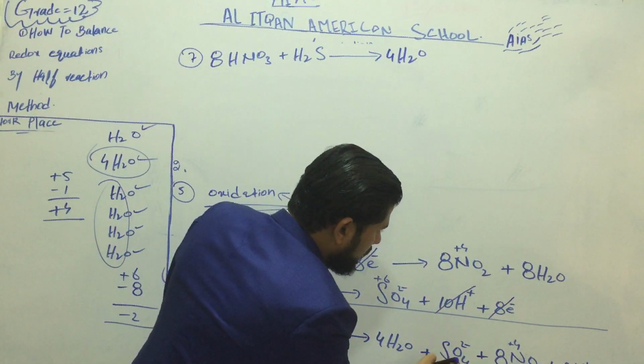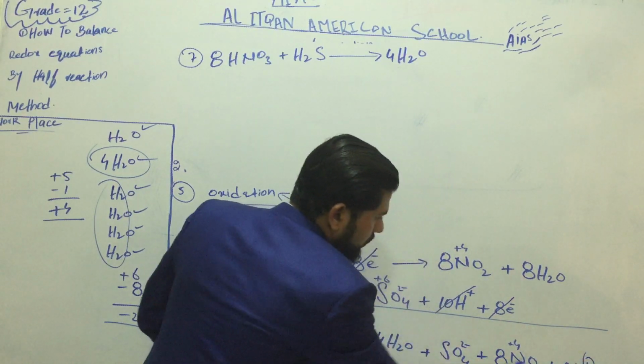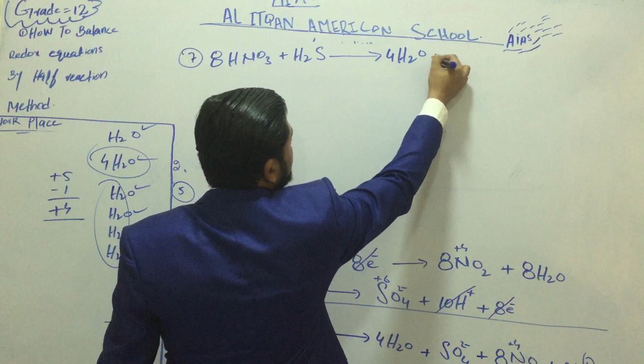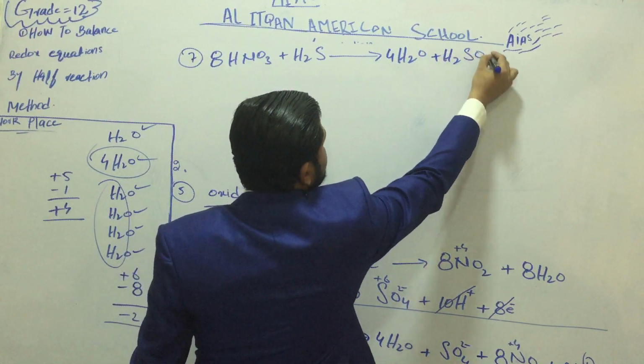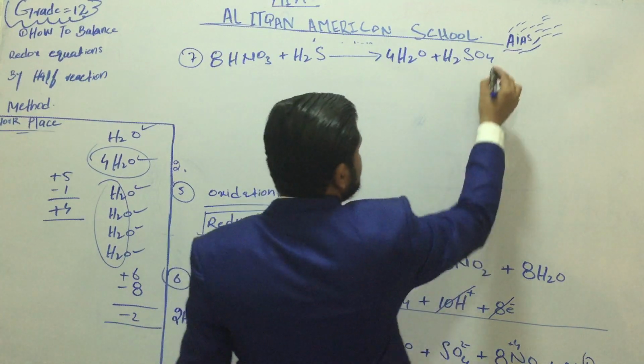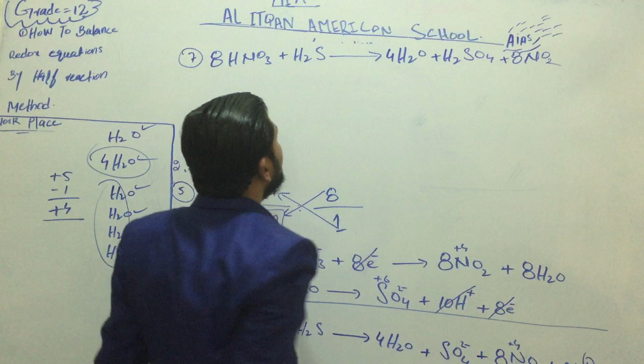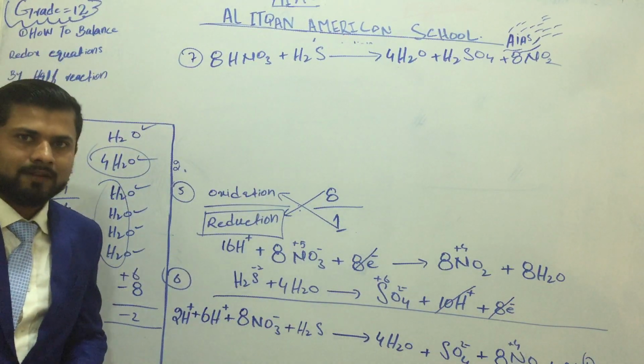And over here SO4 is negative, that would be combined with this positive, that will give you H2SO4, and 8 NO2 is neutral, so it's left here, 8 NO2. Okay, now you can see every element is balanced.